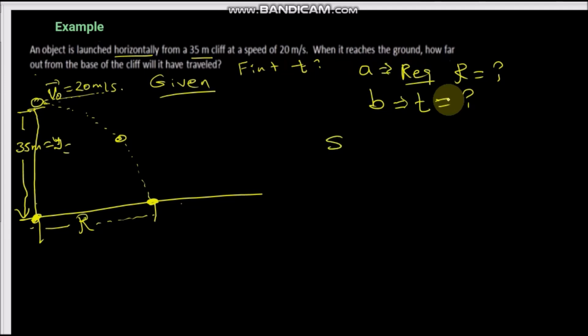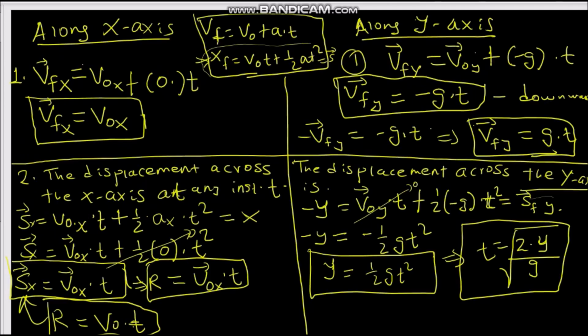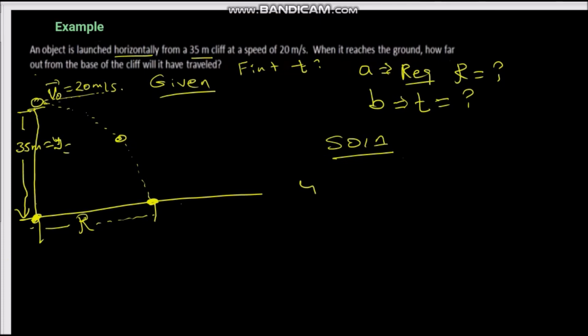Now, solution. We already derived these equations. Look at this equation. We have y equal to 1 over 2 g t squared, because we have been given the vertical distance. That means we take this equation: y is equal to 1 over 2 g t squared.